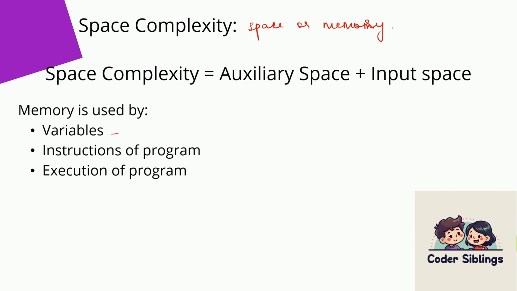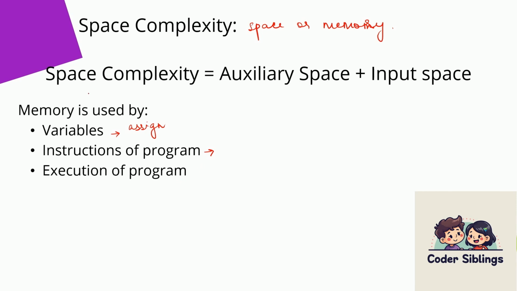Variables when we actually assign values, instructions which we actually execute within the program. So like if you're assigning a certain memory in between the program, that will be a part of instructions of the program, and execution of the program, that is the memory the program takes when it's finally executing with the actual input.